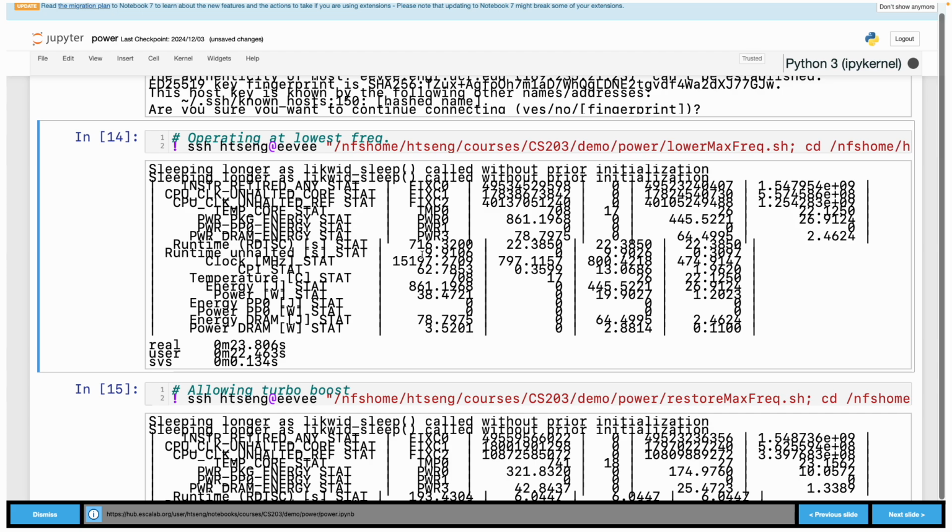So what you can see here is that with lower frequency, the program takes 22 seconds to execute. And this line tells you the maximum and the minimum frequency that we have during the runtime.